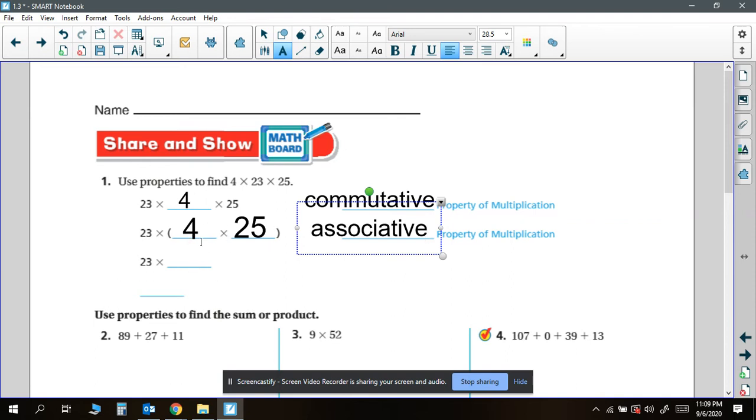Well, think about 25 times 4: how much is 4 quarters? It's $1. 25 times 4 is 100. And then 100 times 23, well, you know what 23 times 1 is. It's 23, and then you have how many zeros? 1, 2. So you add 2 zeros. There's your answer. So we used 2 different properties to find the answer mentally, and that's okay too if you do that.